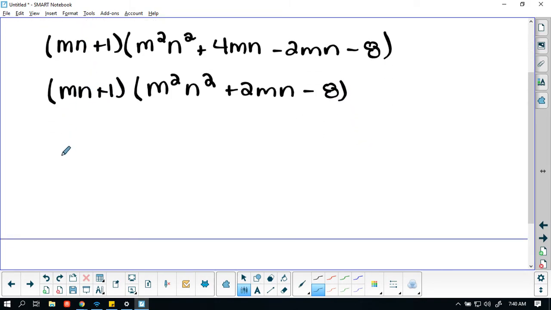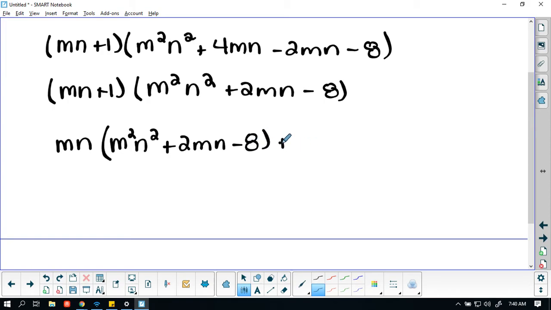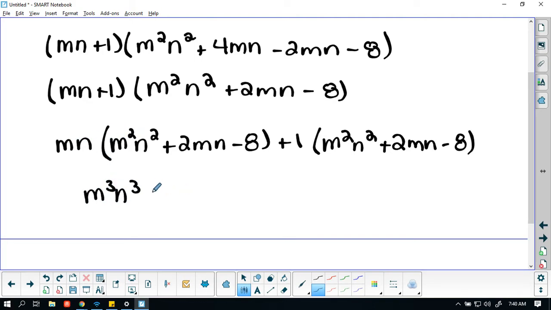Okay, now I'm going to break this first factor apart. mn times m squared n squared plus 2mn minus 8, plus 1 times m squared n squared plus 2mn minus 8. Okay, distribute the mn. We get m cubed n cubed plus 2m squared n squared minus 8mn.